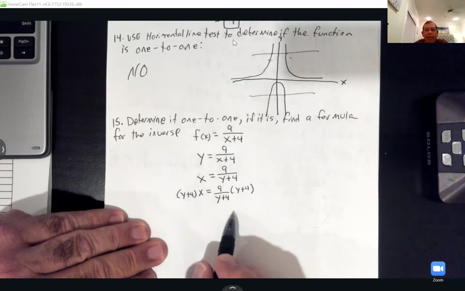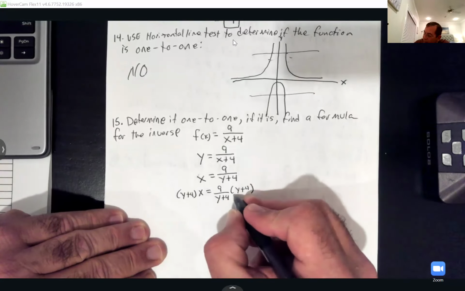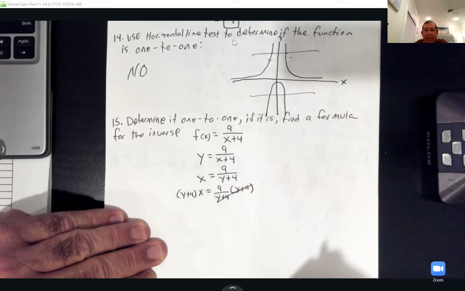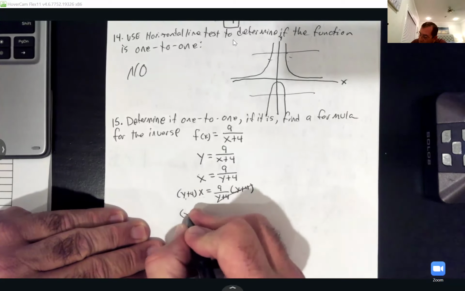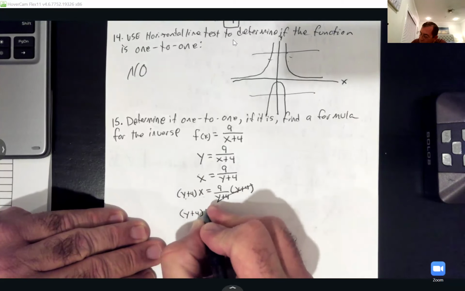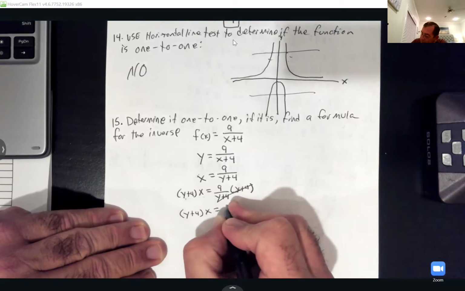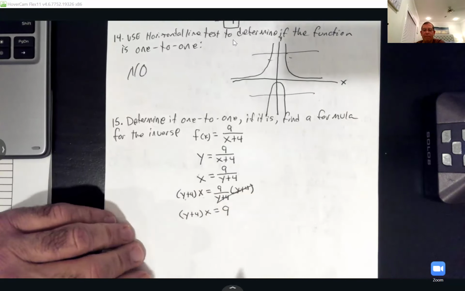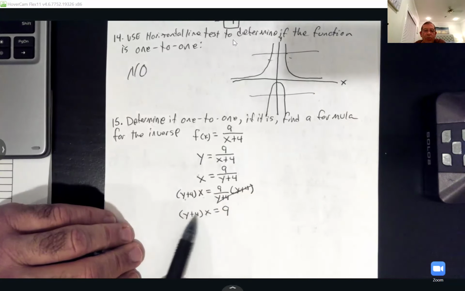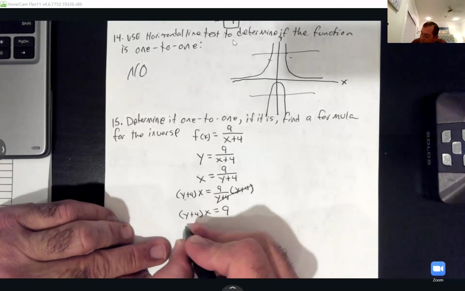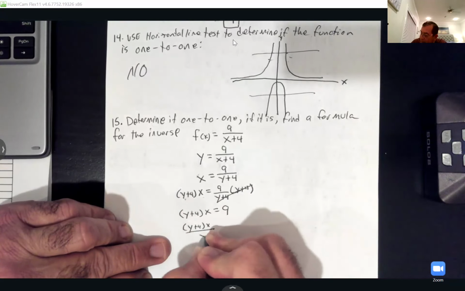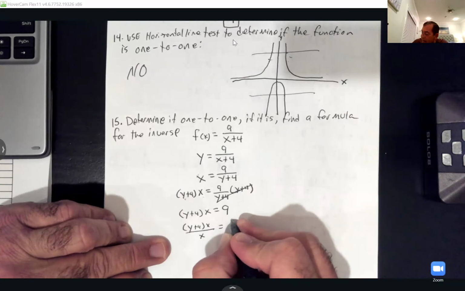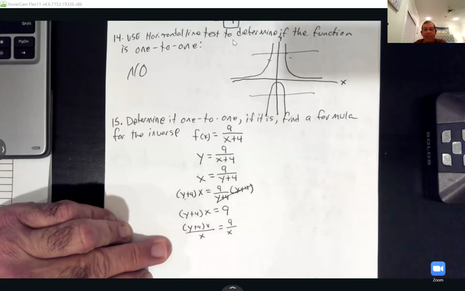Because by multiplying both sides by y plus 4 here, on the right side, those y plus 4s cancel. Now, I'm not going to distribute this. I'm going to leave this a y plus 4 times x equals 9. And y'all, I'm still not going to distribute this. What we're going to do now is divide both sides by the x. So y plus 4 times x divided by x will equal this 9 divided by x.